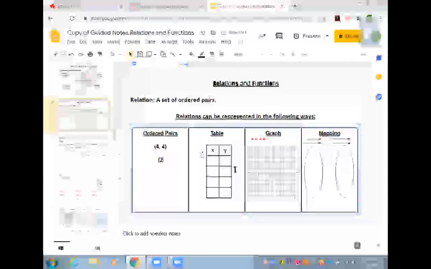I don't think 8 is going to fit on my graph, so let's take it down to 6. We'll do 2 and 6. How about some negatives? -2 and 4. Okay, and let's go one more. How about 3 and 0?